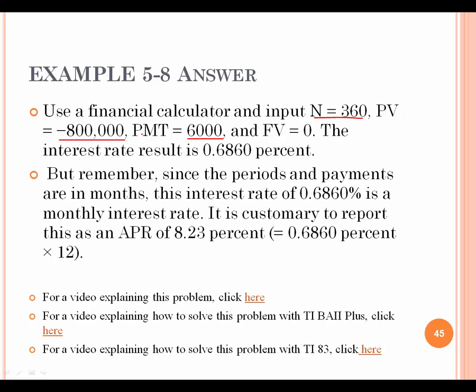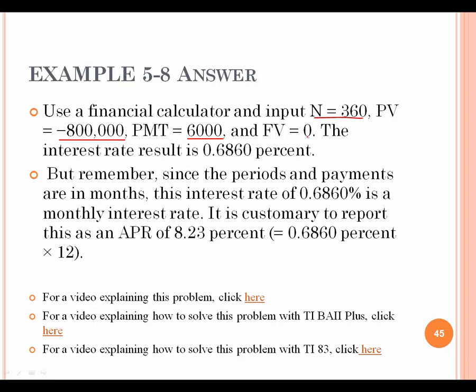It doesn't matter which one is positive, which one is negative, but between these two numbers, one should be positive and the other should be negative. And future value will be 0. This means after 360 payments, your account will be depleted and now nothing, or say $0 left.